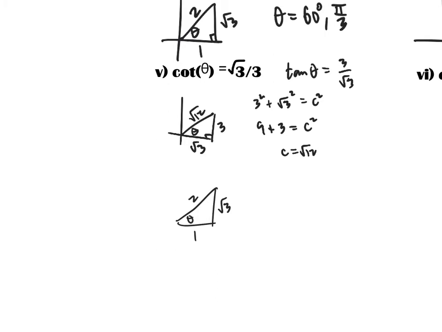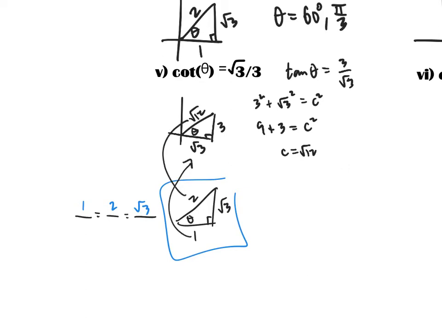Clearly one is scaled to a different size. But both of these are the same. Now watch how I do this. If I take this triangle, which let's call it sides 1, 2, and root 3, those sides should correspond to each of the corresponding sides in the other triangle.